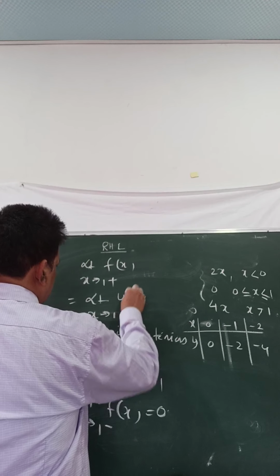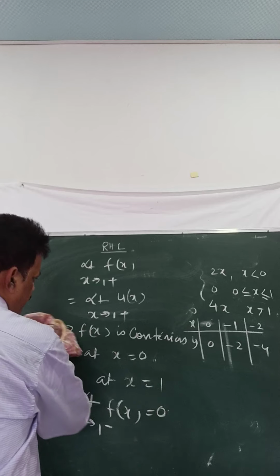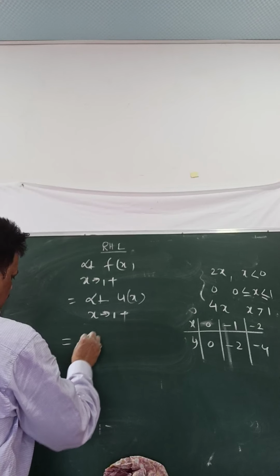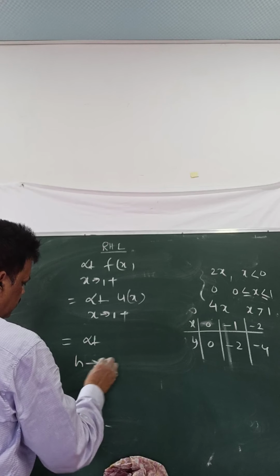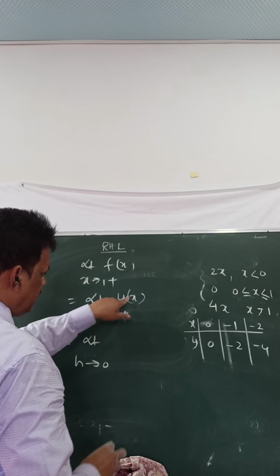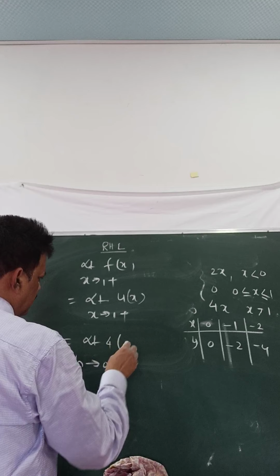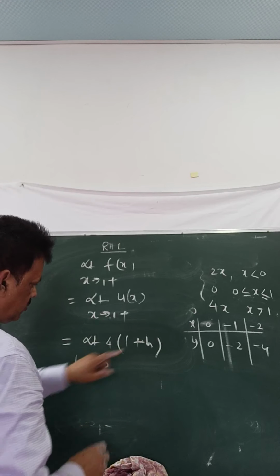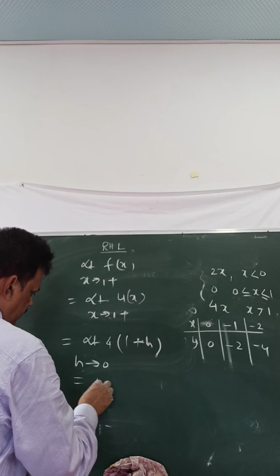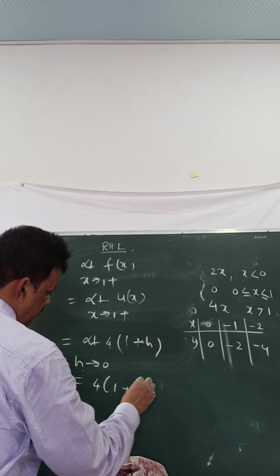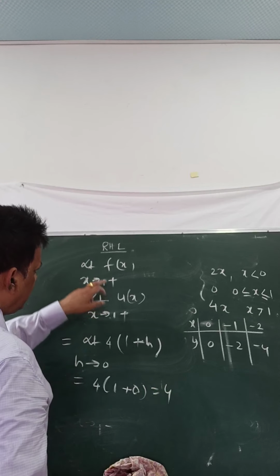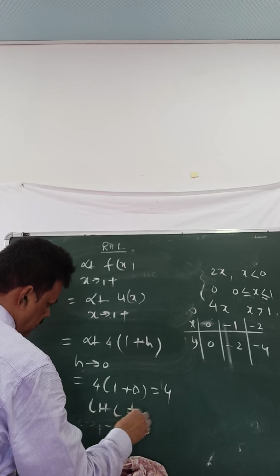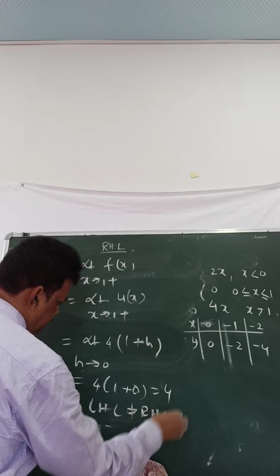What is the procedure to solve? Limit h tends to 0 plus, 4 times (1 plus h). Now put h equals 0: 4 into 1 plus 0, which is 4. So the left hand limit is not equal to the right hand limit.